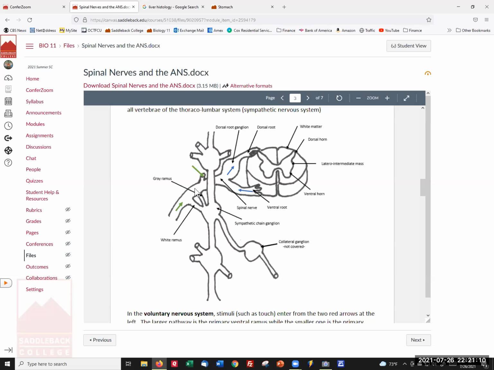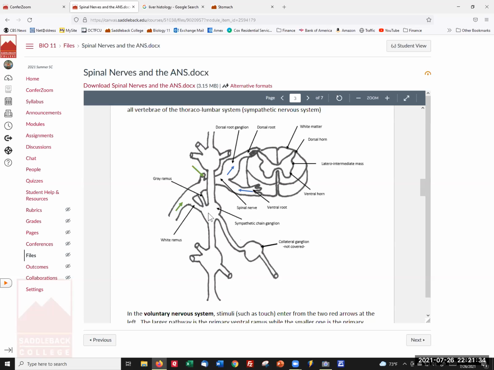But now, instead of moving on down to a skeletal muscle, it's going to, in this scenario here, in the sympathetic system, move into the sympathetic chain ganglion through a white ramus.